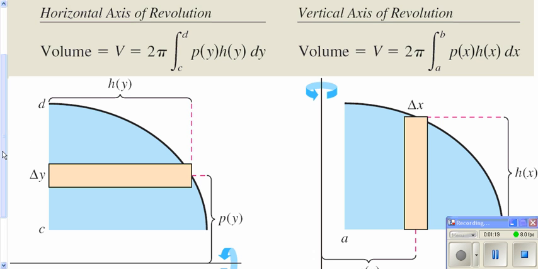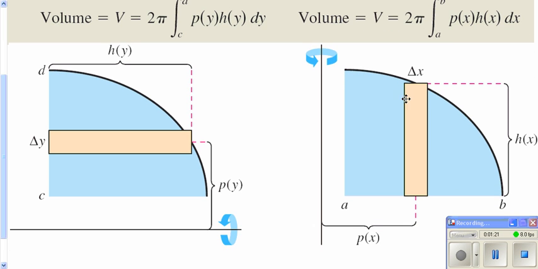In the context of your diagram down here, that's p of x, how far you are from the x-axis, times h of x, and that's the height of your function. The 2 pi r is once again the perimeter or circumference, then your average height, and this is your thickness, integrating from a to b.